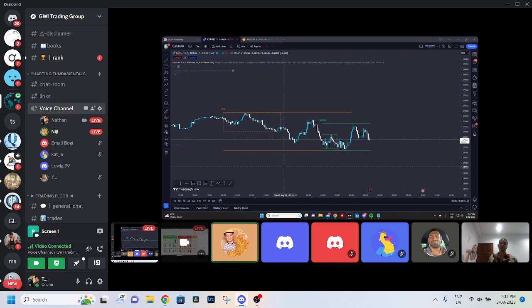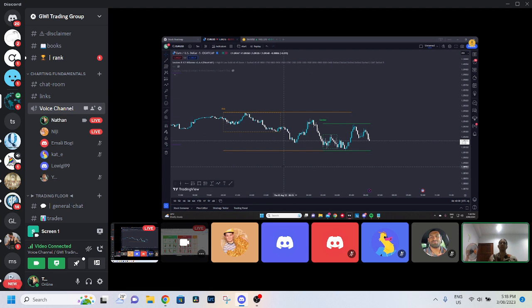Let's say you're in a buy and you see a bearish reversal candle. That's an indication that the buying pressure has stopped, so that could tell you, maybe I should close my position here and take my profits early because this is going to come back down now.